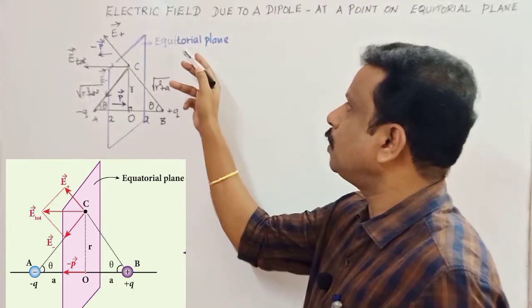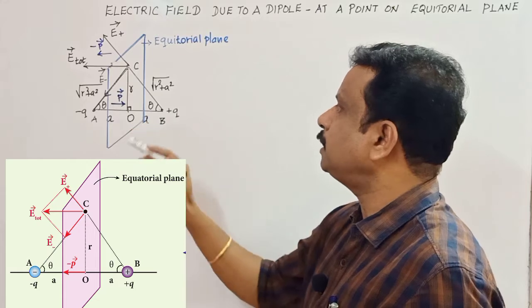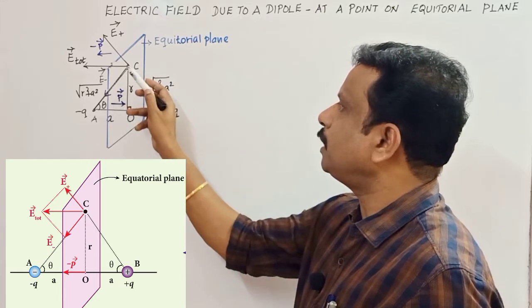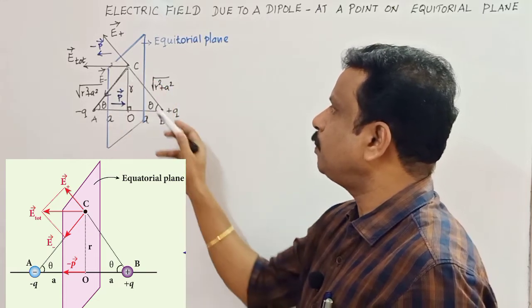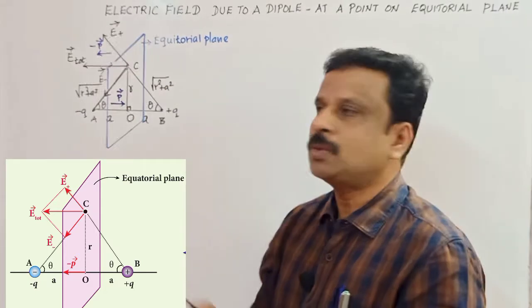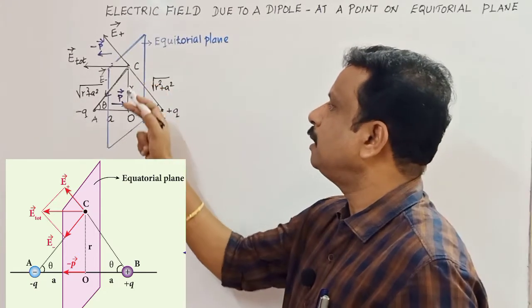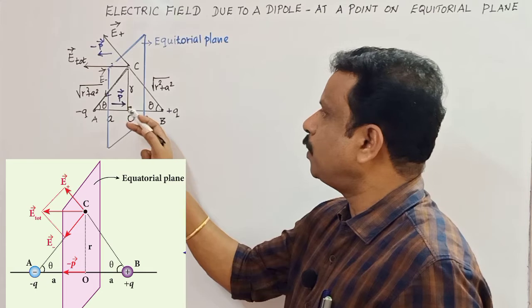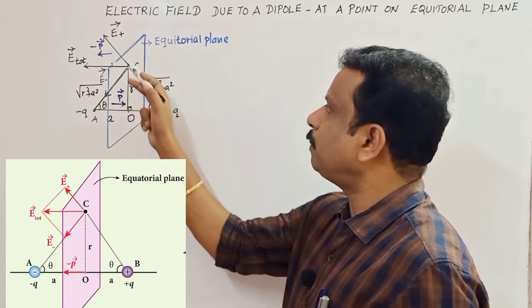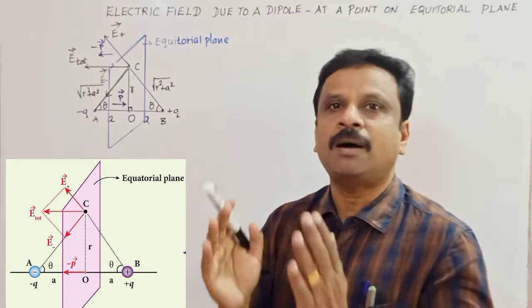So this equatorial plane is passing through the midpoint, and we are going to find the electric field due to the dipole at a point C. We choose a point C from the midpoint of the dipole. The point C is at a distance r.